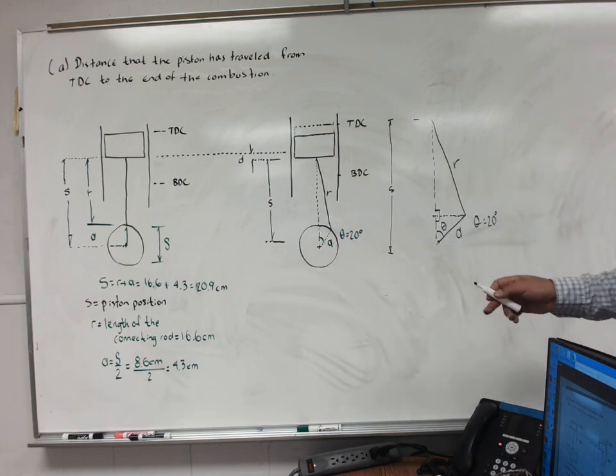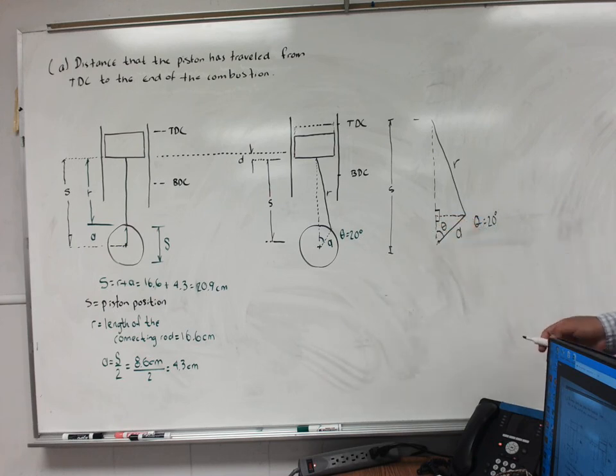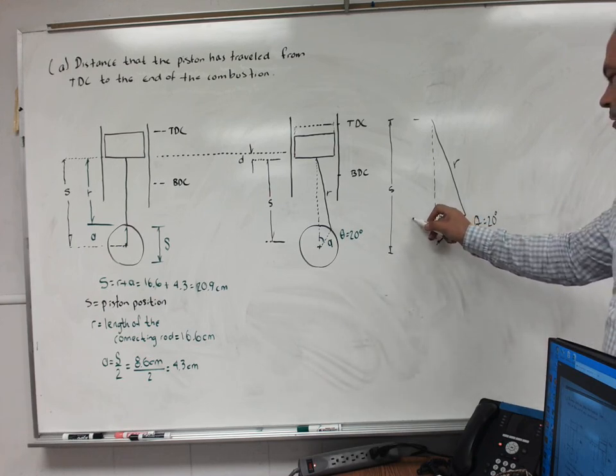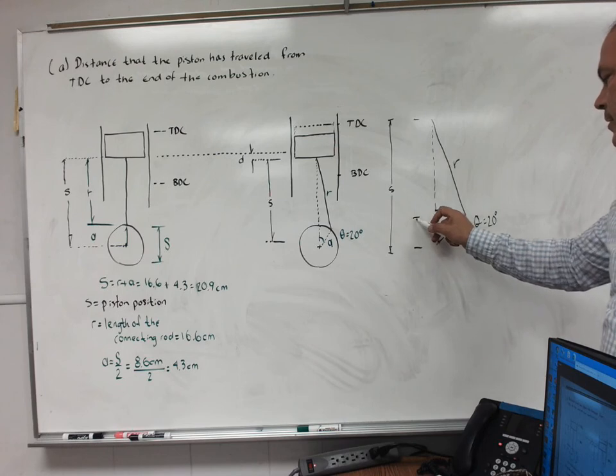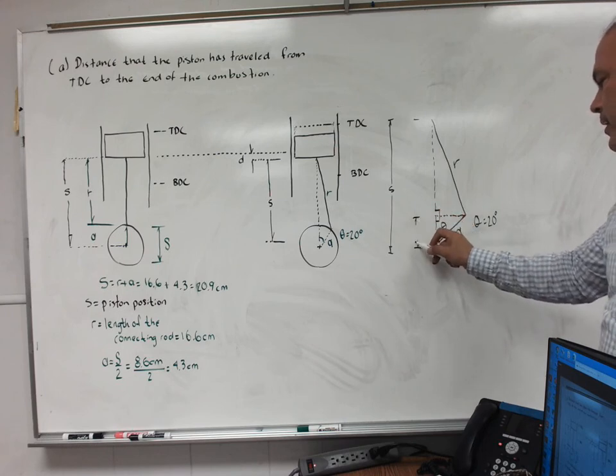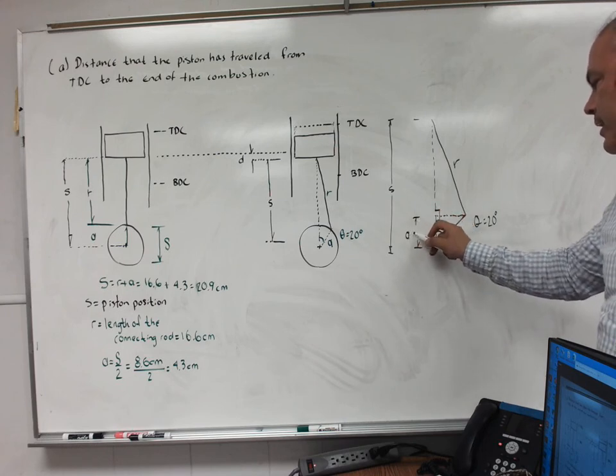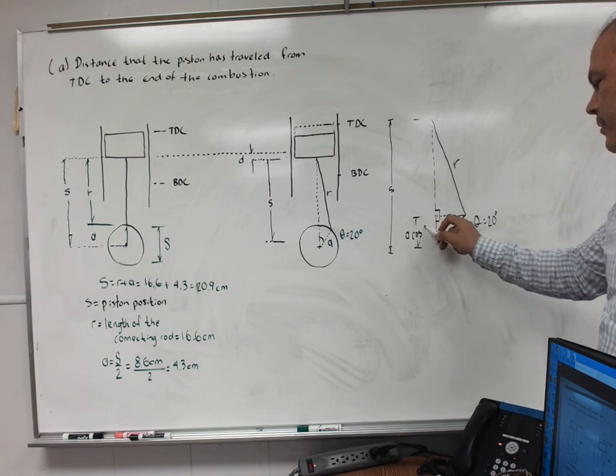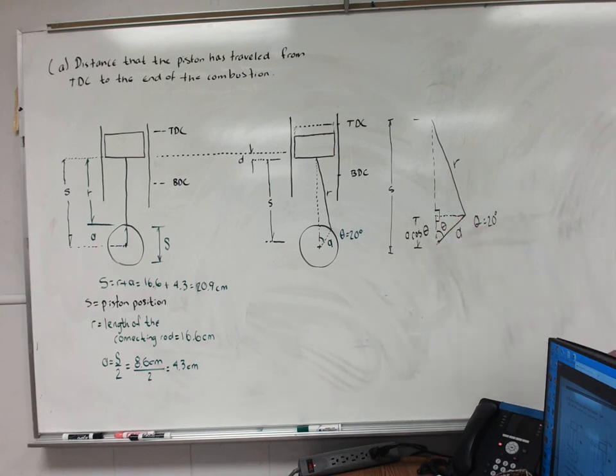So, according to trigonometric functions, this distance from here to here is A cosine the angle theta. This is A sine theta.